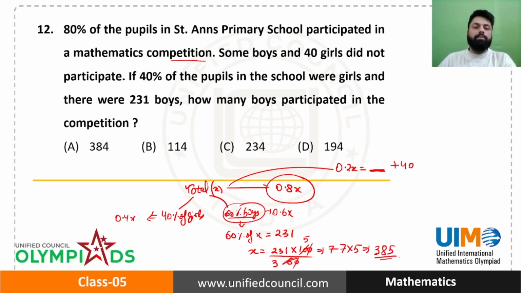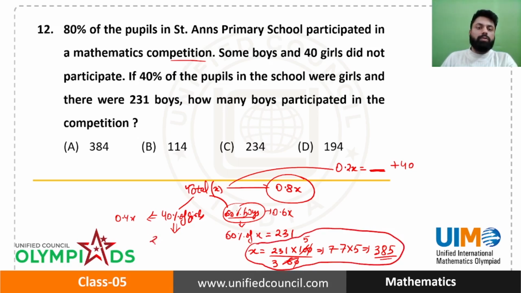There are 385 people. So x is equal to 385. This is the total quantity. So the number of girls will be 385 minus 231, that is equal to 154. 154 are girls.